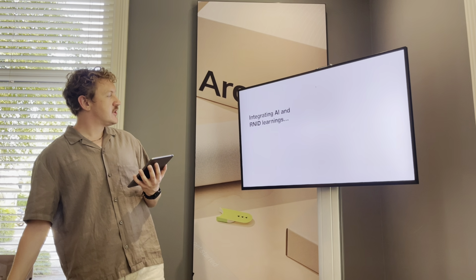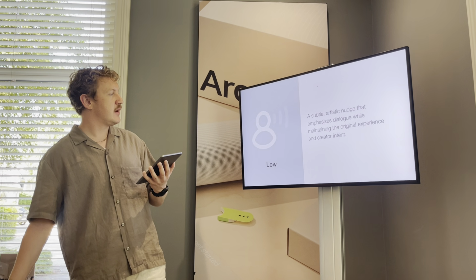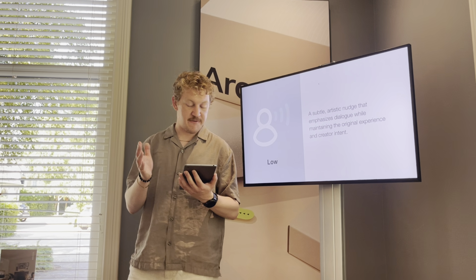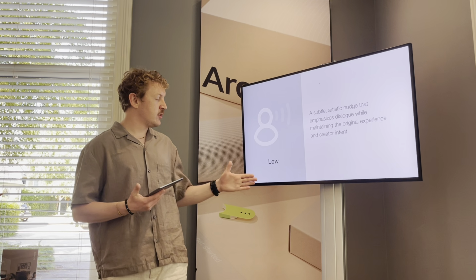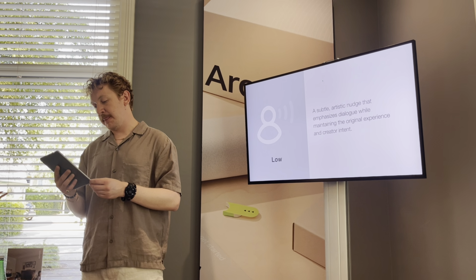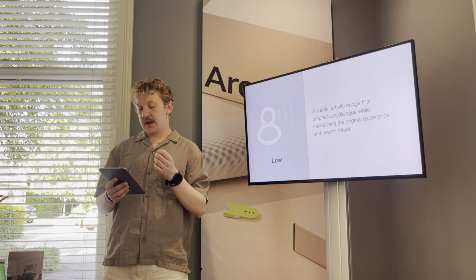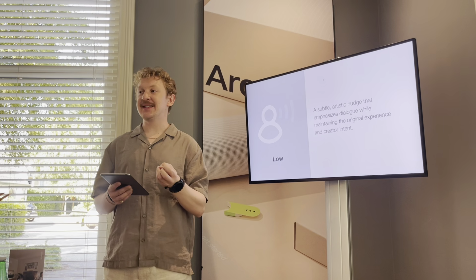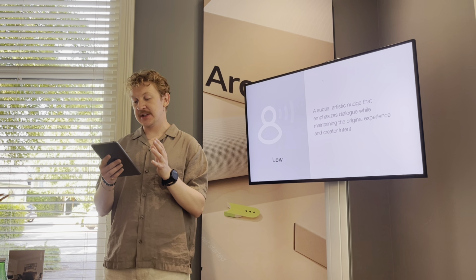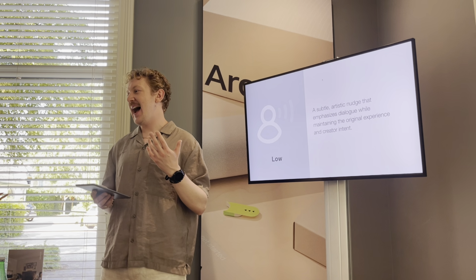So integrating everything that we learned from the RNAD and the development that we had done, we came up with 4 levels, essentially. So it goes all the way from low to maximum. We're really designing this feature first to hold artistic intent where possible, whilst improving that speech intelligibility, hopefully without the user really understanding how it's being done.